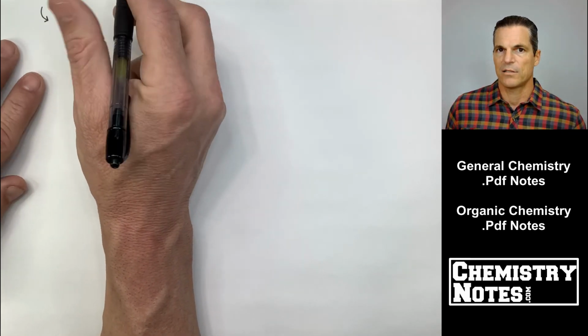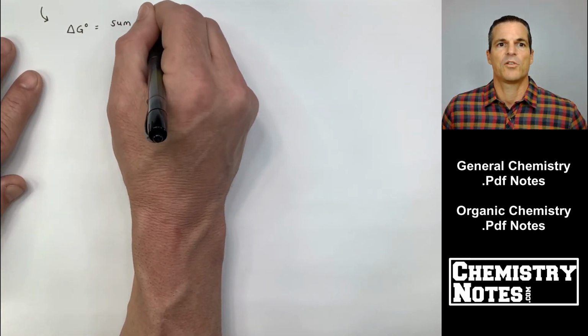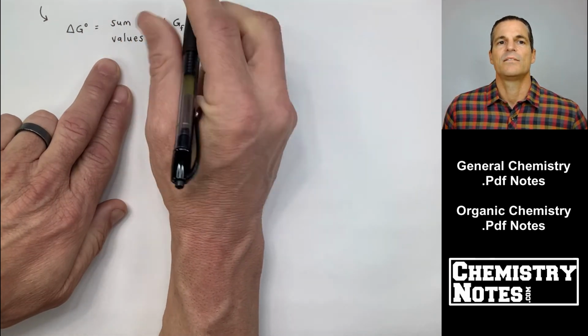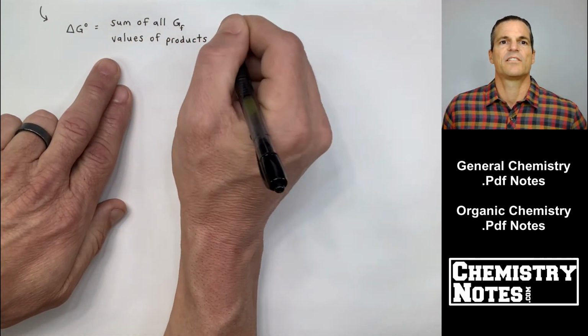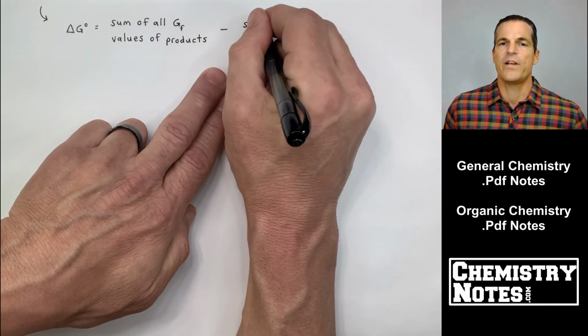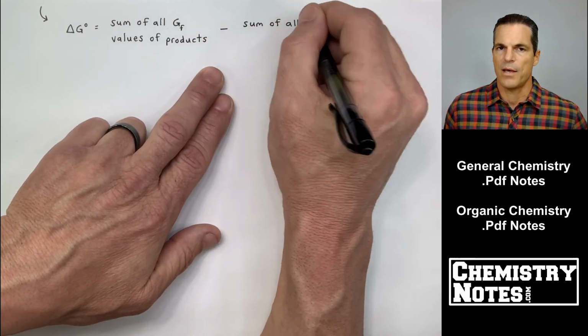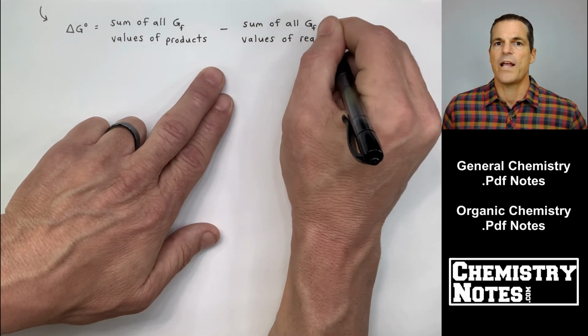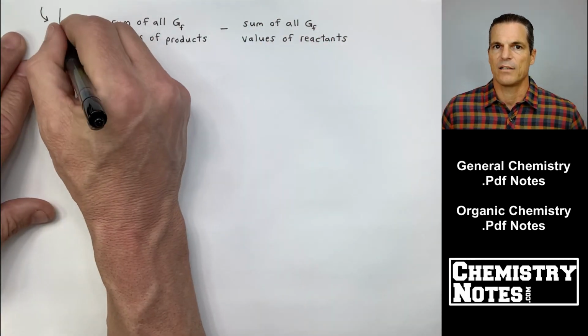Now the way I like to write it is similar to the way we wrote it for delta S in the last video. Delta G is equal to the sum of all the free energies of formation of products minus the sum of all the free energy of formation values of reactants.